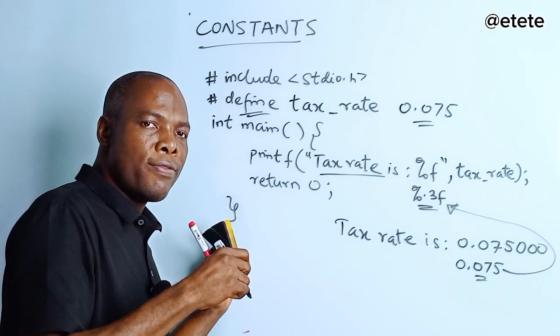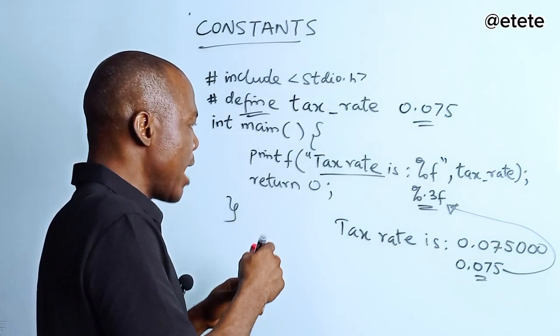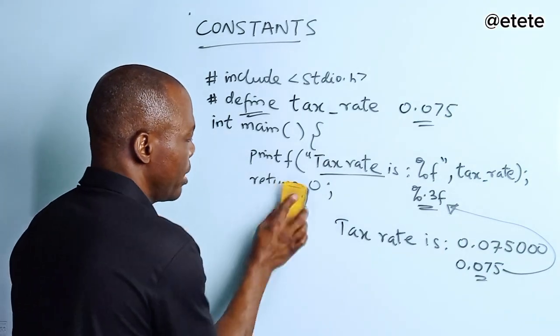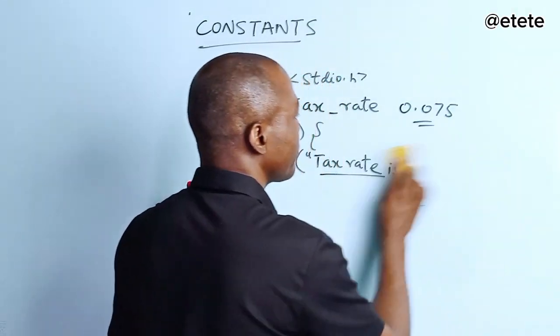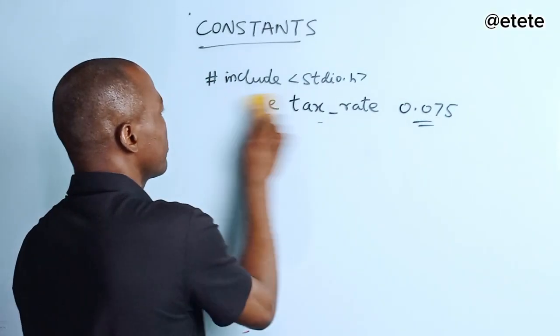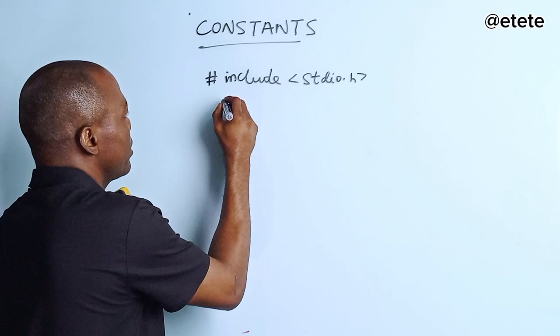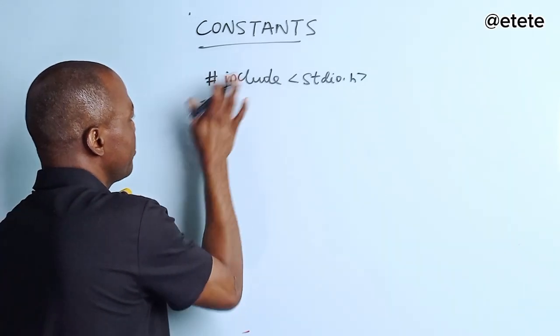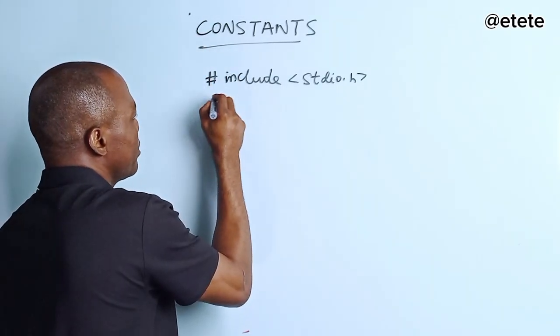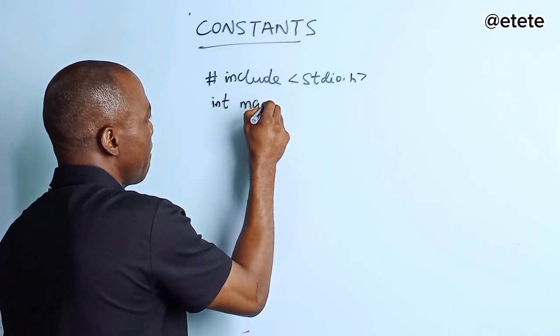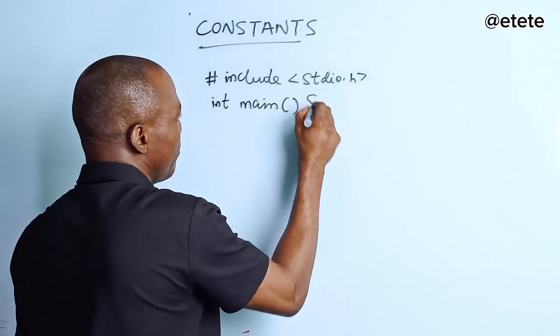So let's go to the other format, and then let me show you how to write that one. So I'm just going to wipe this off. So here I will just say int main, which is my function.